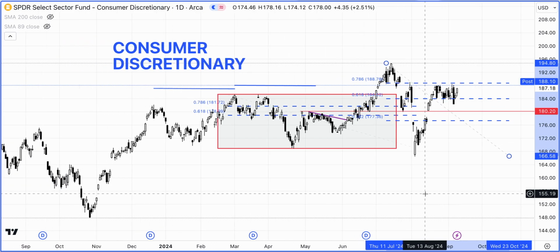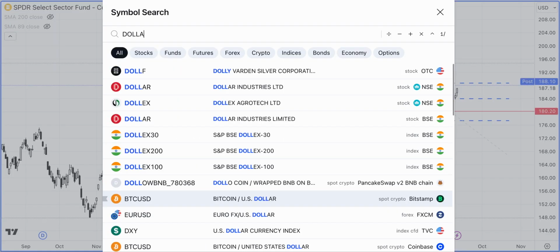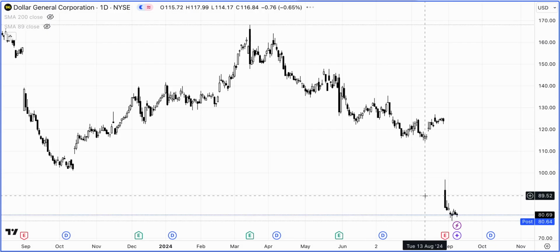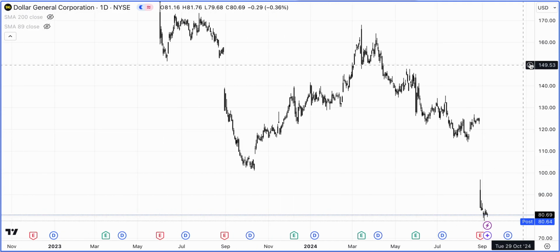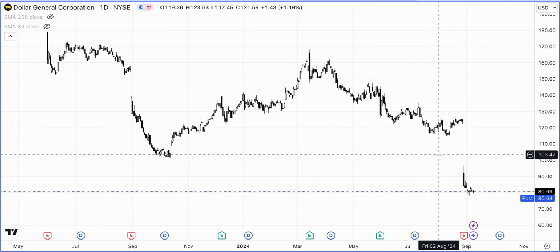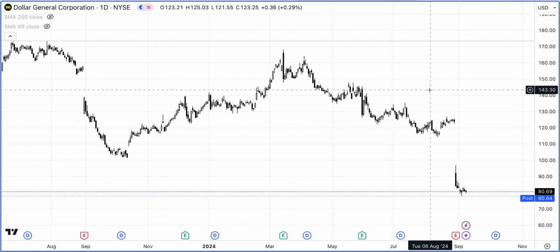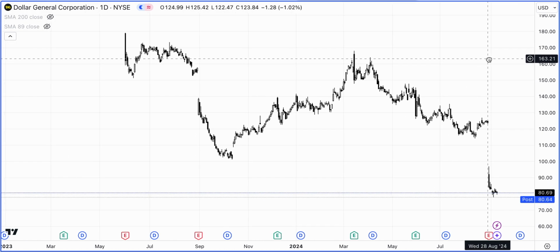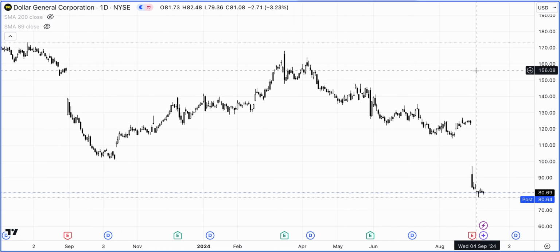And if we look at some of the retail stocks, let's say Dollar General, DG, look, this stock is just massively down, and this just tells you there's a lot of stress with the consumers, especially the discretionary kind of items.